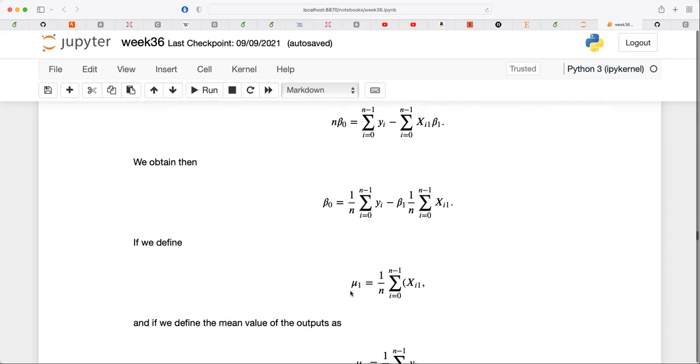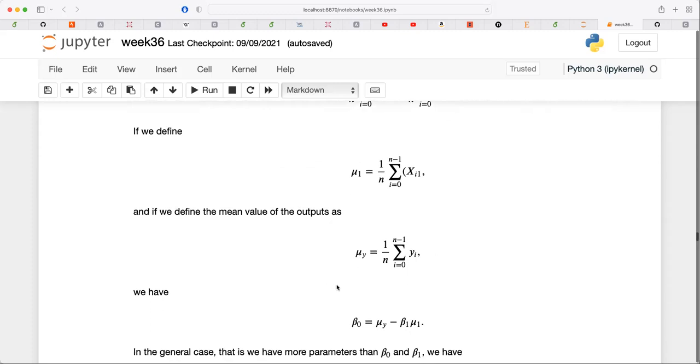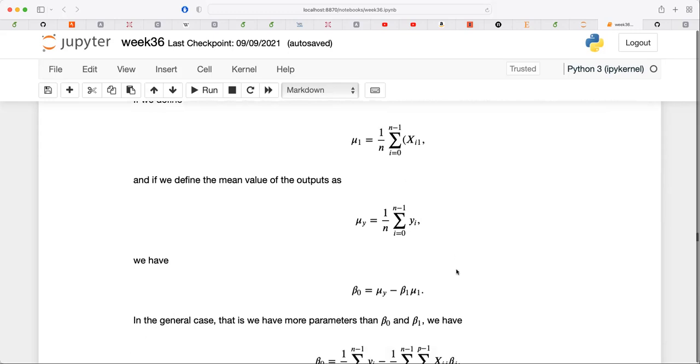So if we define this quantity mu1, which is the sum over these terms here, there should not be a parenthesis here, then you can also define the value of the outputs. When you've done the fit, you can reconstruct the intercept by taking the average of the sample outputs, multiplied with the parameters you did fit, and multiplied with these elements in the design matrix.